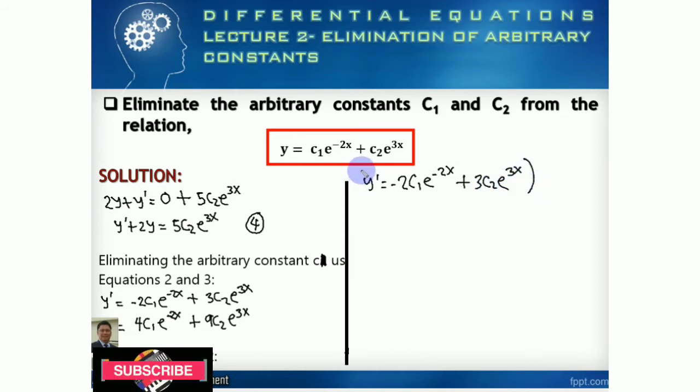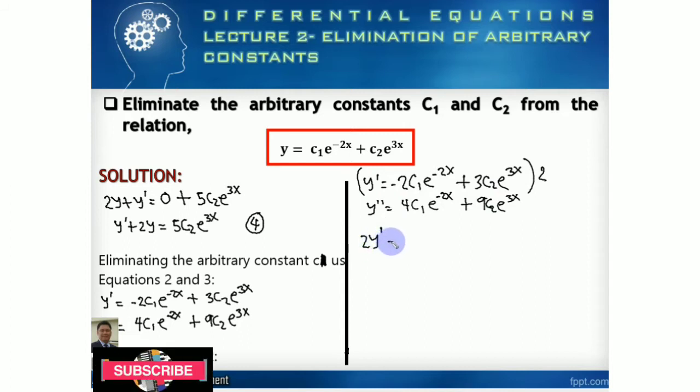We are going to multiply this one by 2, and the equation below, y double prime, still remains: y double prime equals 4 C1 times e raised to the negative 2x plus 9 C2 times e raised to the power of 3x.